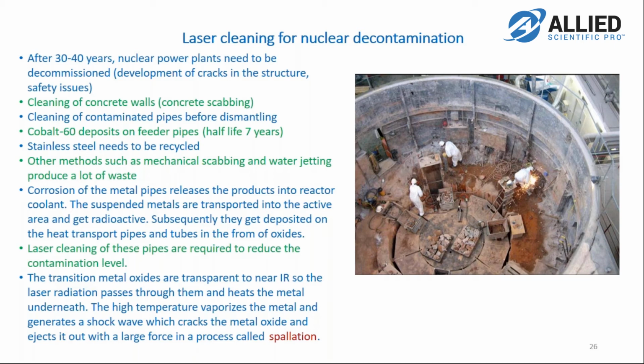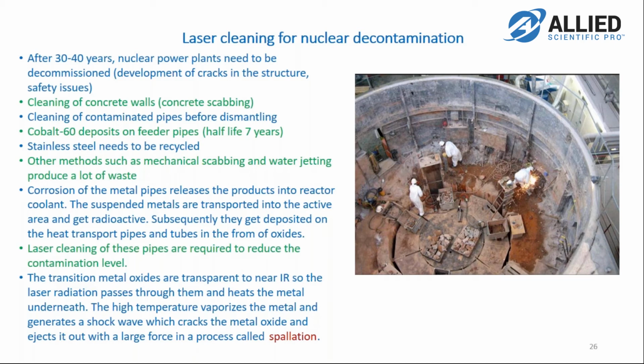However, after 30 to 40 years, these power plants need to be decommissioned. Because they develop cracks in the structures and the pipes, they get rusty, and you can't just throw them out. You have to use scabbing to clean the concrete or decontaminate the pipes before dismantling, because there is a layer of cobalt 60.